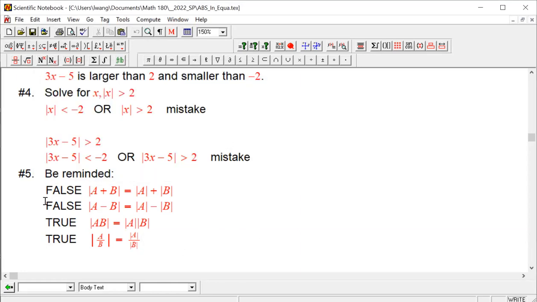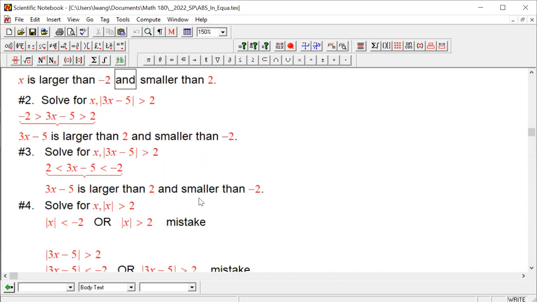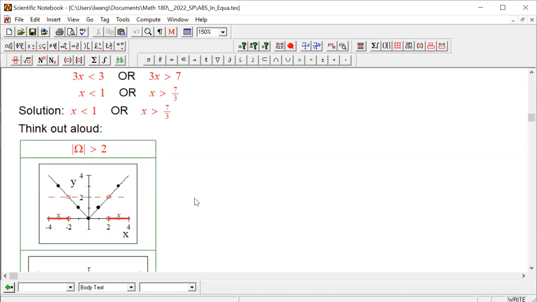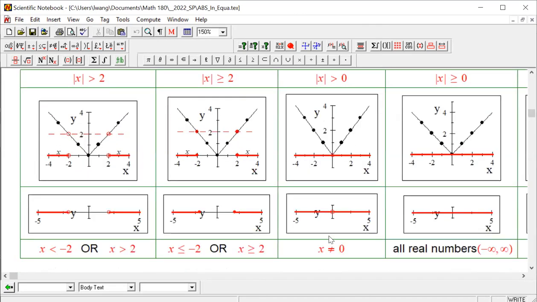So this is why we make all these efforts, from graph, from analysis, from the function perspective, to get rid of the absolute value. Look at that, we get rid of the absolute value.